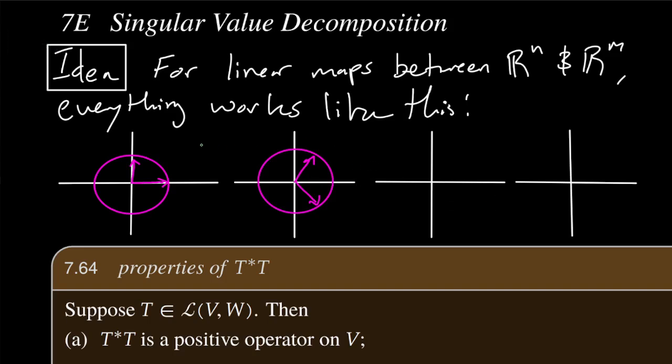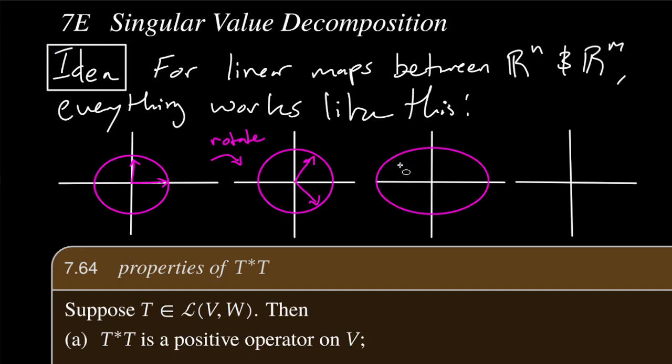Okay, so first you rotate, then you stretch. There's some kind of a stretching factor that goes on here to make this into a weird little ellipse. Unfortunately, I'm not very good at drawing ellipses.